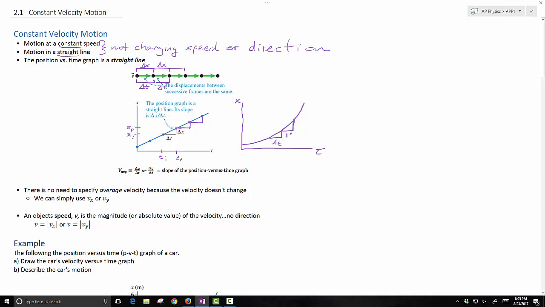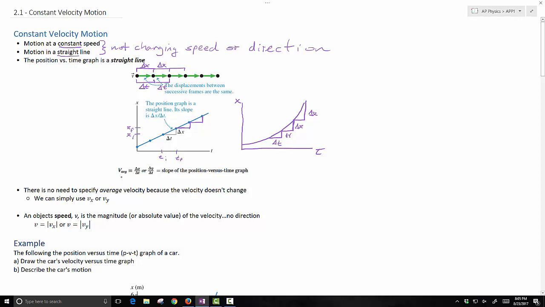So the same delta t gives me more change in position, or more displacement. Go over and up, and I see I get a whole bunch more. It's this delta x, or the rise, that causes the graph to curve. I have a changing displacement over time. Anyway, we'll get to this when we do acceleration. Right now we're focused on constant velocity.